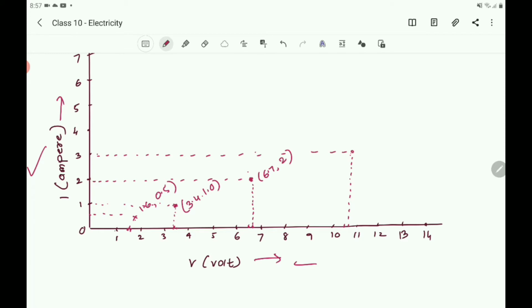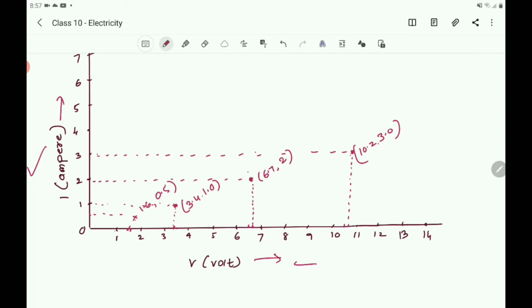So approximately you will get the point here, that is 10.7 and 3.0.